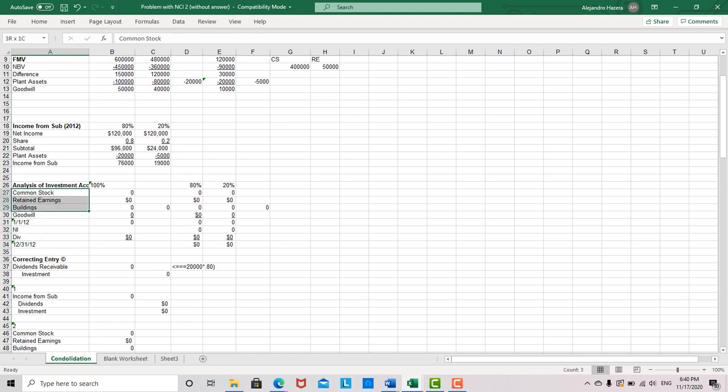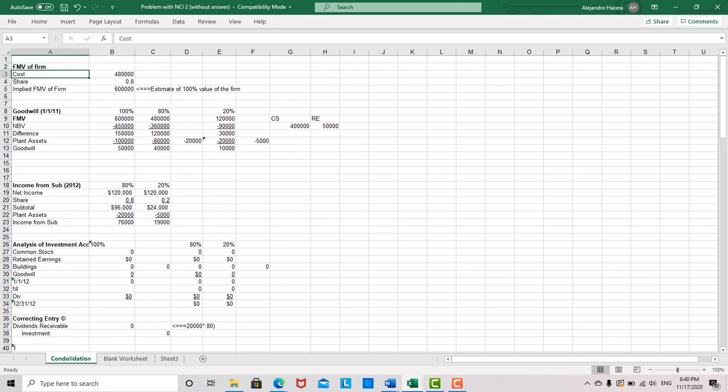Now, how do I identify these items? I keep telling you, go back to the goodwill calculation up here, and it always starts with your equity items, common stock and retained earnings. So I picked up the common stock and retained earnings. There they are. And then any assets that were written up, including goodwill. There are only two assets that were written up, plant assets and goodwill.